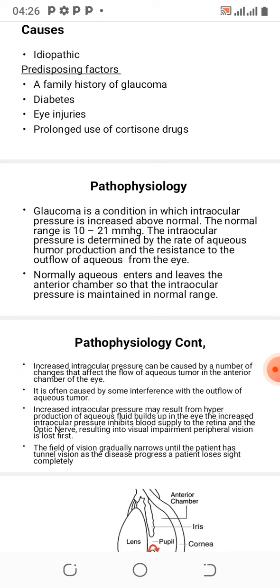The intraocular pressure is determined by the rate of aqueous humor production and the resistance to the outflow of aqueous humor from the eye. Normally, aqueous humor enters and leaves the anterior chamber of the eye so that the intraocular pressure is maintained in the normal range.